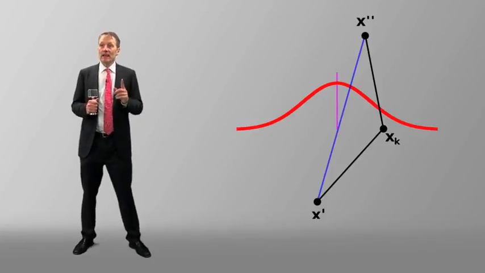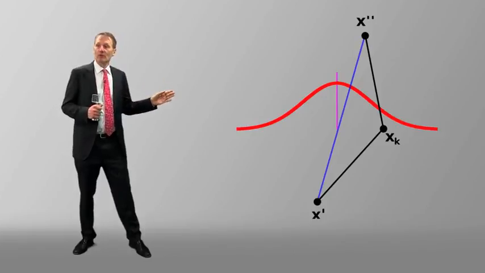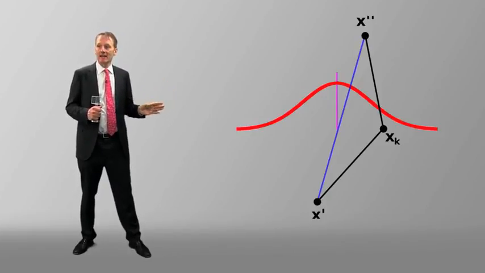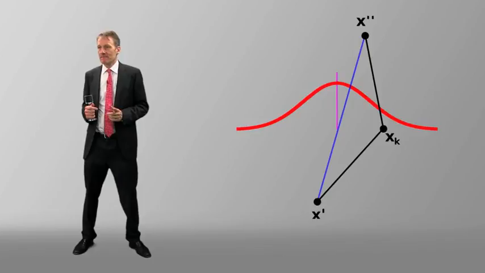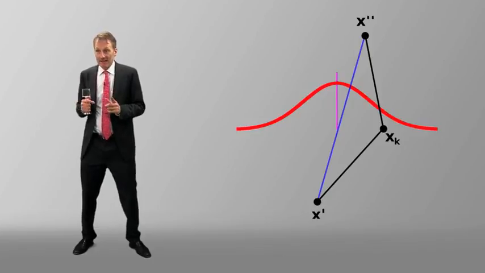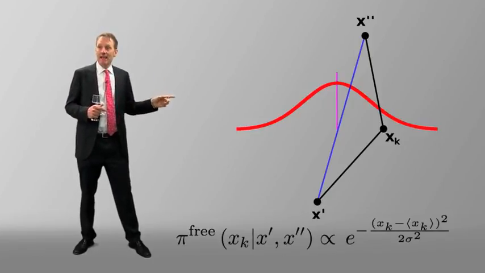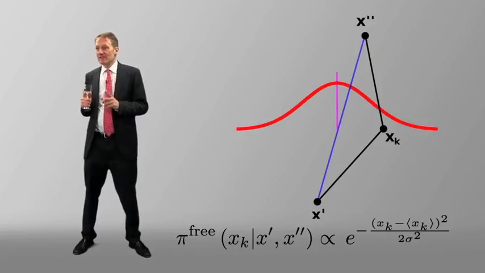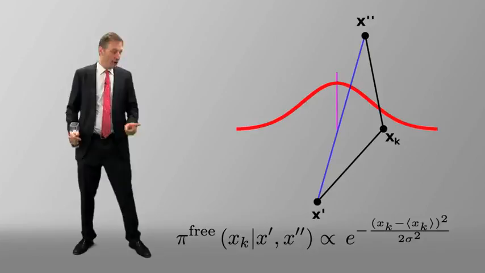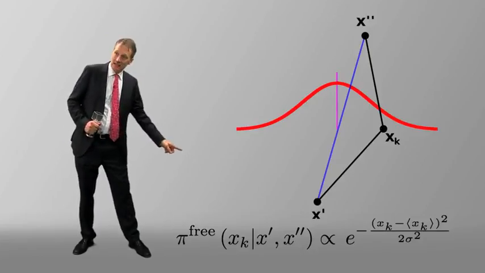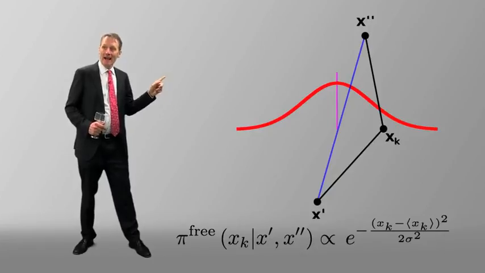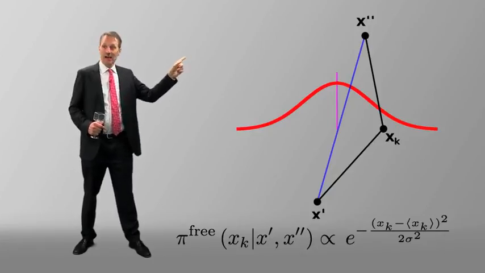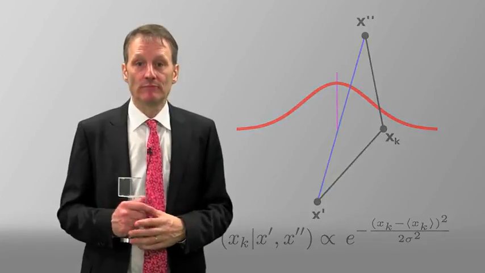But we can put the conditional probability pi of xk to much better use. In fact, pi of xk given x prime, x double prime gives the statistical weight of all paths that start at x prime, that pass through xk, and that end up at x double prime.